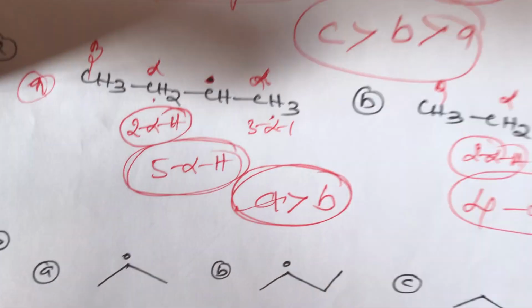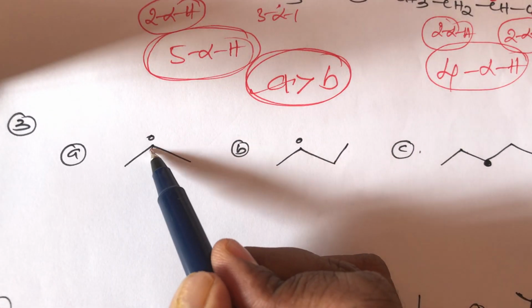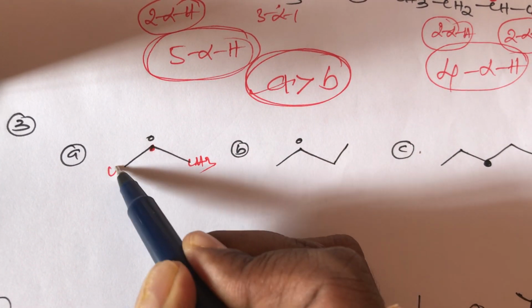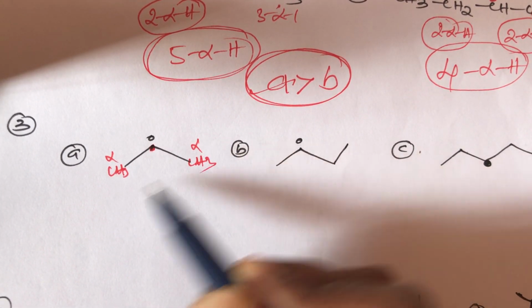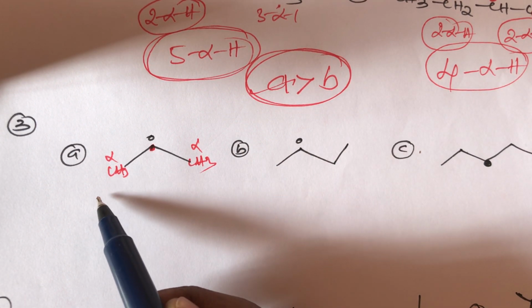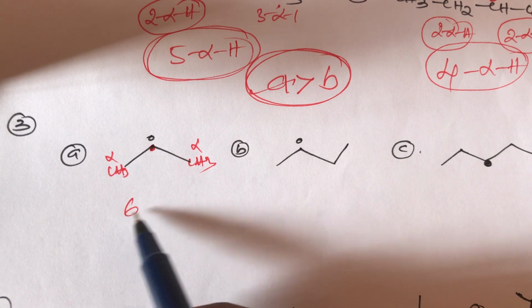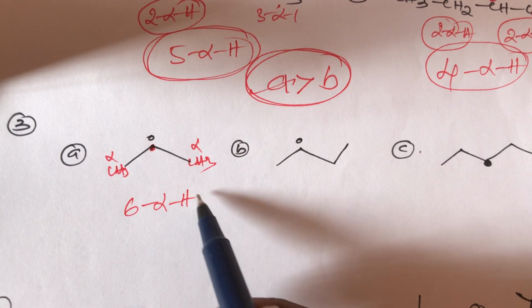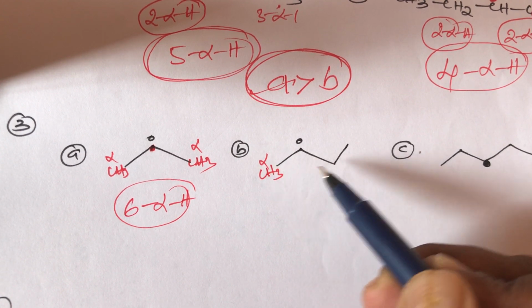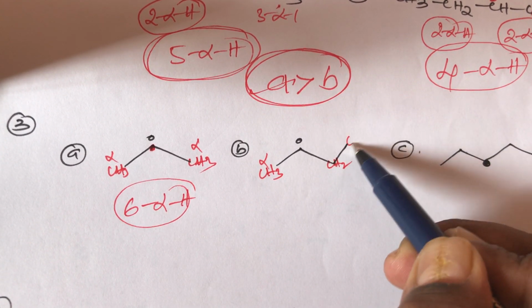Now, take another example, a line structure. This is also a free radical, a secondary free radical. CH3 is an alpha carbon, and these both are alpha carbons. Each alpha carbon has 3 alpha hydrogens, so in this first compound a total of 6 alpha hydrogens are present. In the second compound, the left-hand side has a CH3 alpha carbon, and the right-hand side has CH2, then CH3.